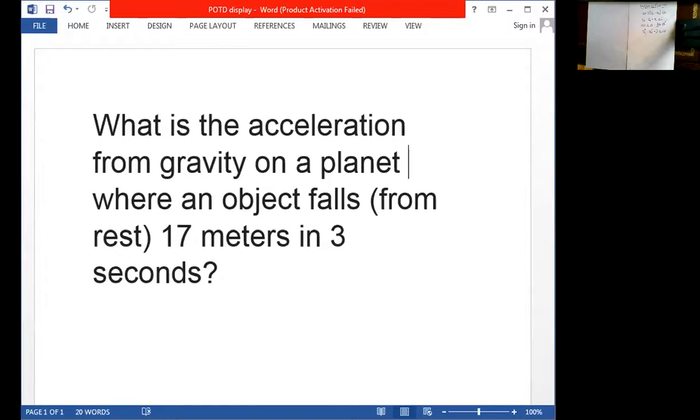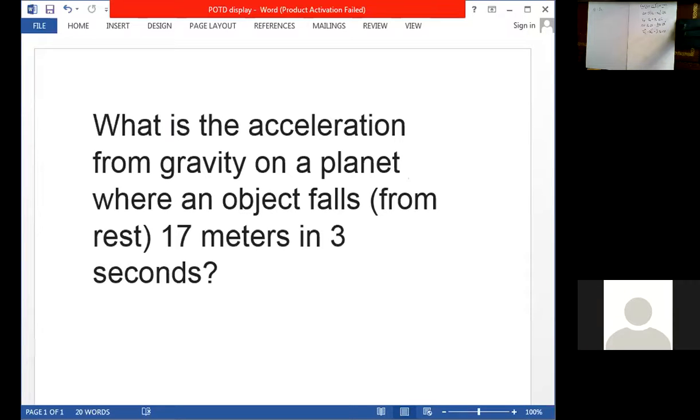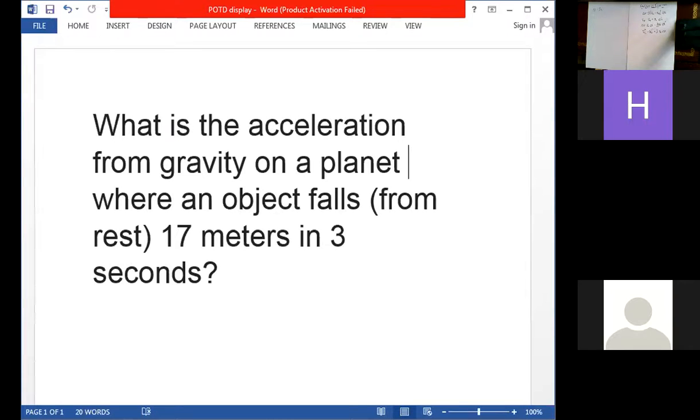You got time, 3 seconds. Yeah, great. Time is 3 seconds. Good. What's another one? Initial velocity. Right. Is what? 17 meters.